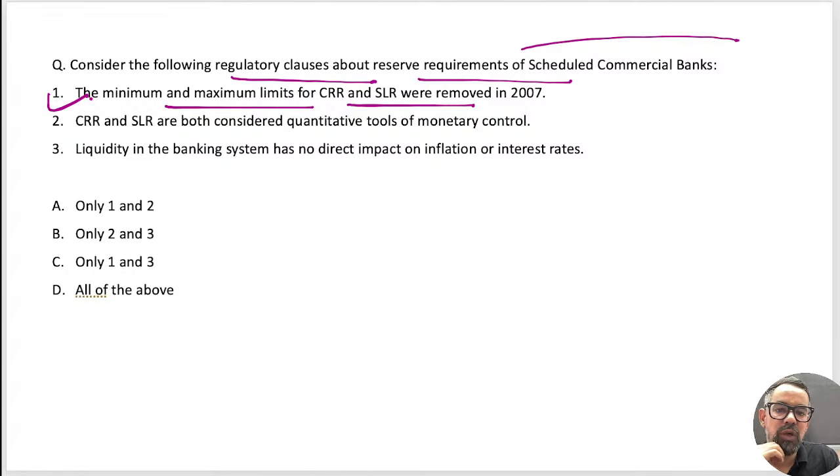So this got removed from all. SLR also. After the second statement, CRR and SLR both are considered quantitative tools of the monetary policy. Okay. CRR and SLR are quantitative tools of the monetary policy.